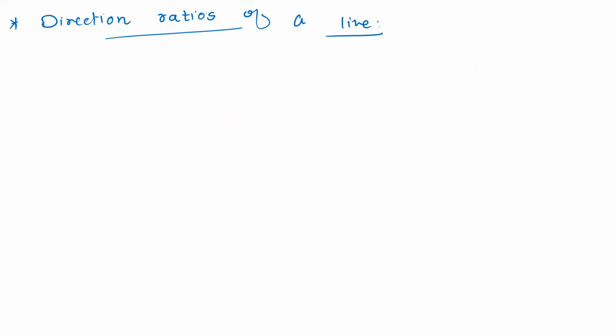Now, we have already learned what direction cosines are, right? So what are the new terms? Just write down and I'll explain.